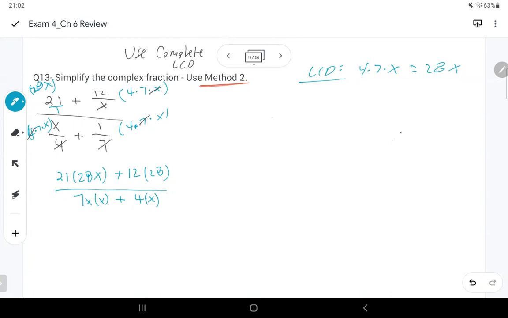Okay, so let's clean this up a little bit. All I did was move the GCFs to the front. And then I want you guys to realize that 21 and 12 share a factor of 3.